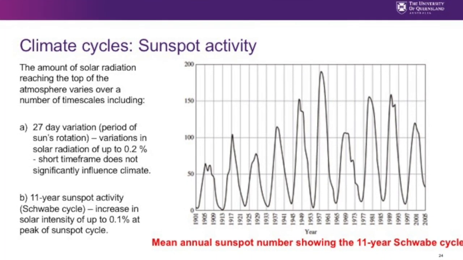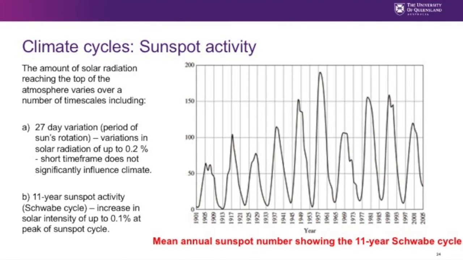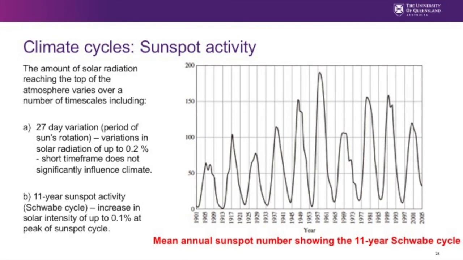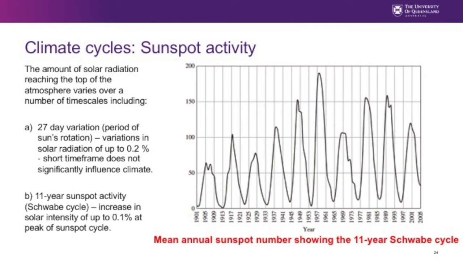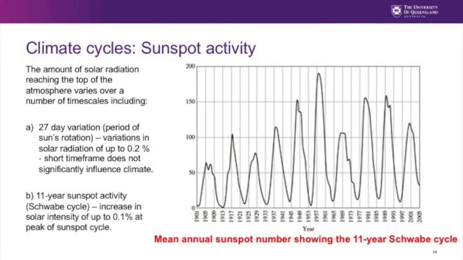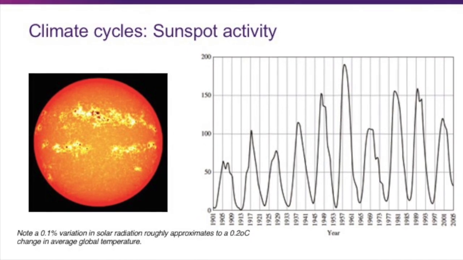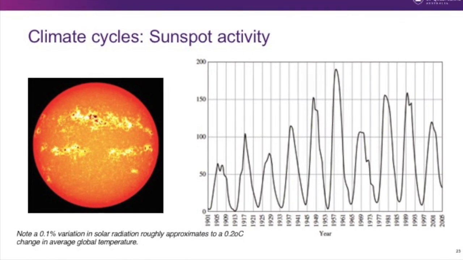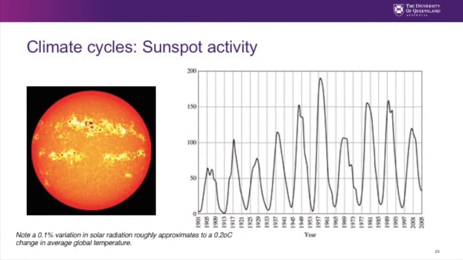So the net effect of sunspots that dim the sun and faculae that brighten it is an increase in solar intensity during periods of increased number of sunspots. The variation in solar radiation reaching the Earth as a result of these cycles is roughly 0.1%, which is thought to be enough to change the Earth's temperature by 0.2 degrees Celsius. You can see the amount of sunspots in this figure and how this follows the 11-year cycle.